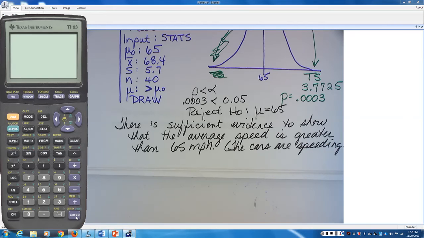You say the evidence supports that the drivers on Highway 105 or whatever it was were speeding, or they were driving faster than 65 miles an hour. There's not one single right way to say it. Different people use different words, but it has to have that same meaning. It has to have the same intent.